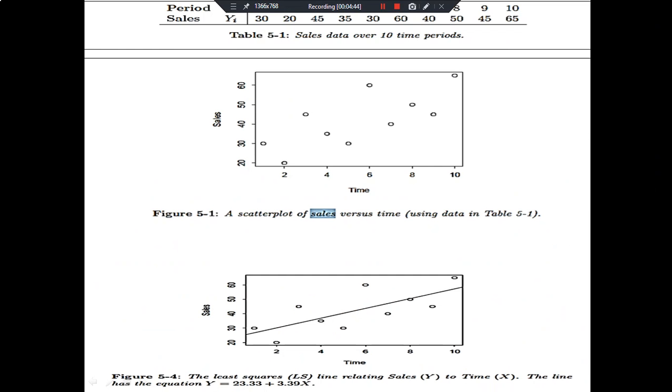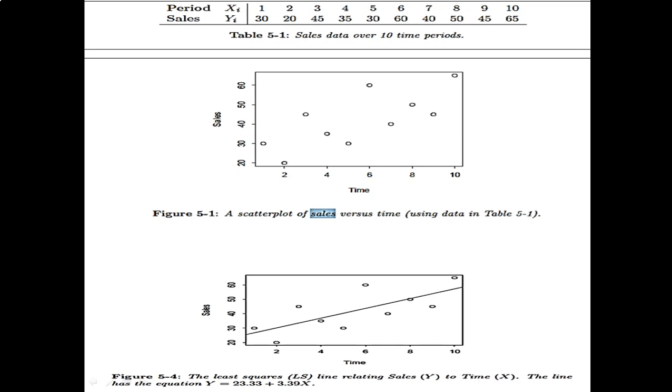When we look at this example, which is in the reference, we find that the first variable is x, which indicates the period from 1 to 10, and the sales during this period is yi, which is also 10 items. It is the sales data over 10 time periods.